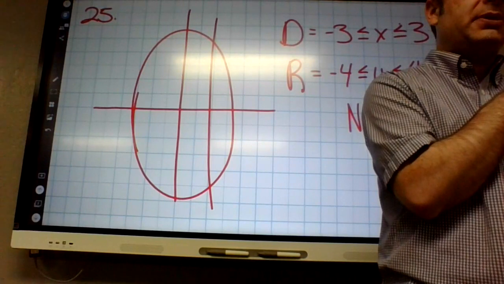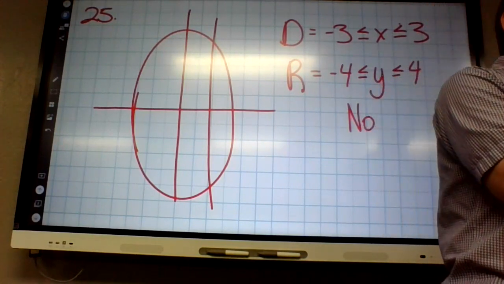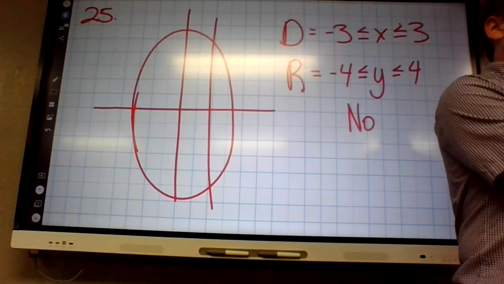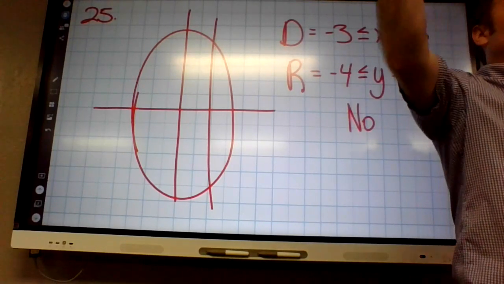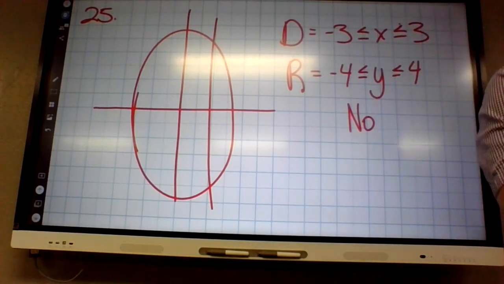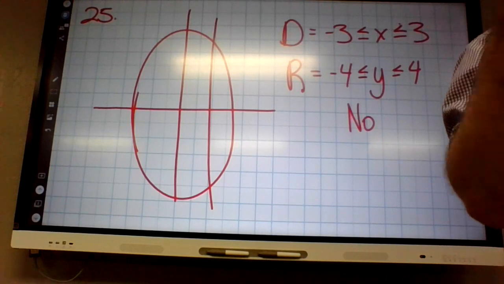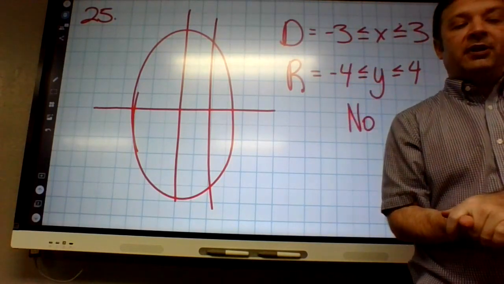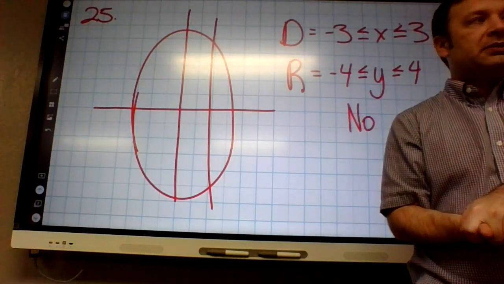It's going to go past 3. No, it's going to go forever to the right. Even though it's turning, it is still going to go out. It's kind of like parabolas. They go forever out, but they get steeper at the same time. So the x values on 26 go forever left, forever right. But the y values, how low do they go on 26?